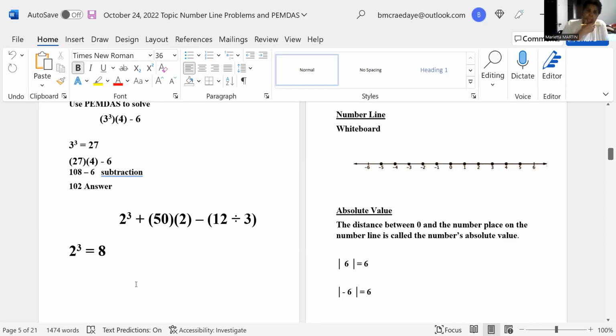I did subtract. According to PEMDAS, what would be the next one you would do? I do this one, the 50.